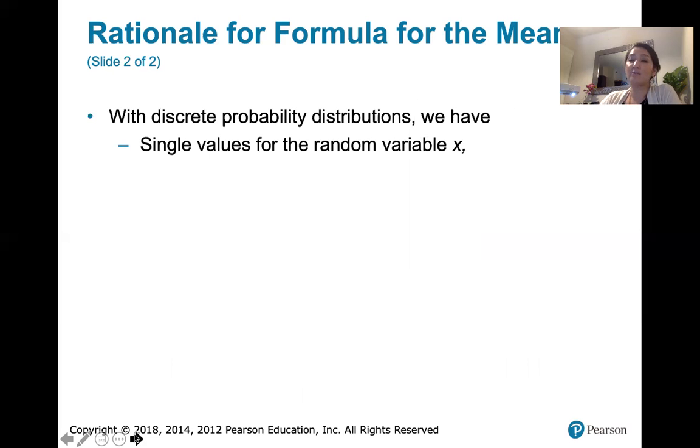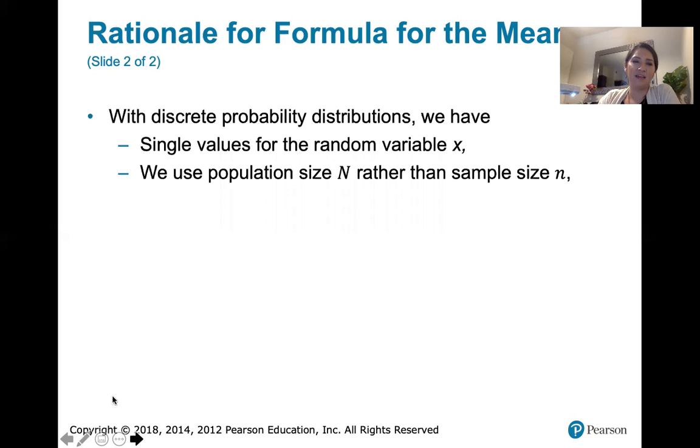Now here with discrete probability distributions, rather than having a range of values corresponding to a class, we have a single value representing that random variable x. Now, because we're talking about probability distributions, rather than using the sample size n, probabilities deal with the whole population. So we're going to use the population size, capital N.